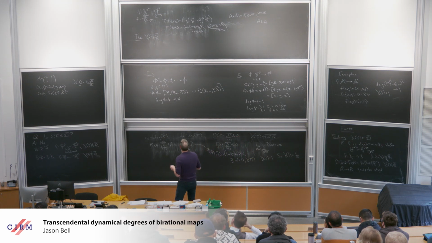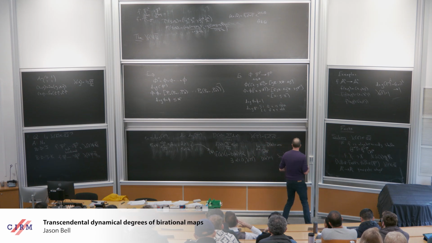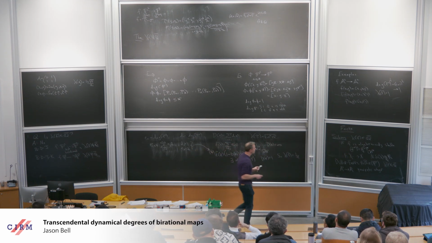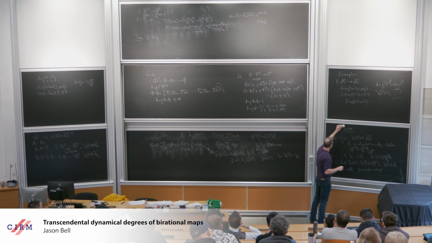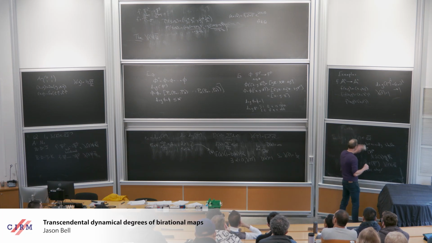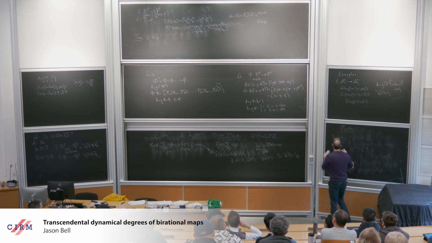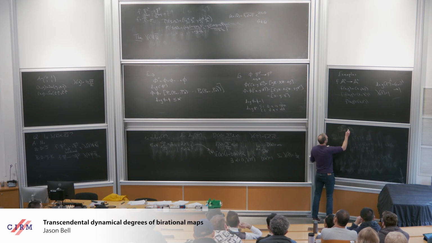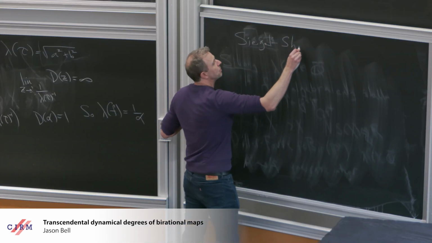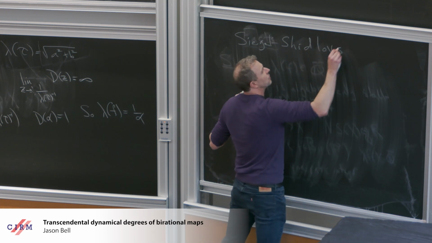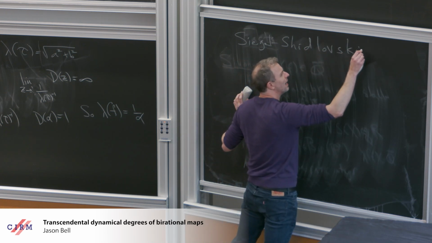Okay, so this now ties in with Boris's talk from earlier today, on Siegel-Shidlovsky. I have a feeling I'm going to misspell this. Is there a 2 I's in Shidlovsky?